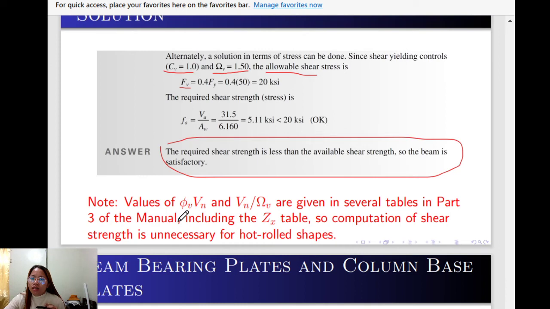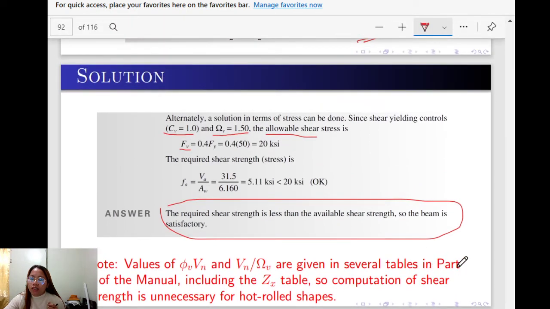Note that the values of the resistance factor times the nominal shear force, and for ASD the nominal shear force divided by the factor of safety, are given in several tables in Part 3 of the manual. Now, if you look at the AISC manual Table 3, including the Zx table, the computation of shear strength is unnecessary for hot rolled shapes.